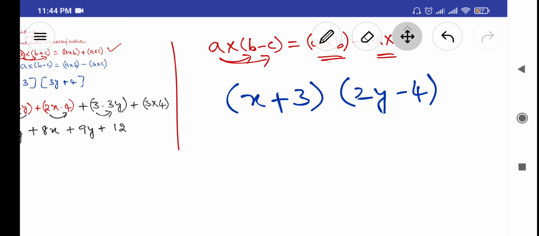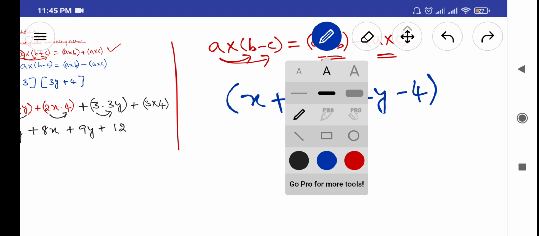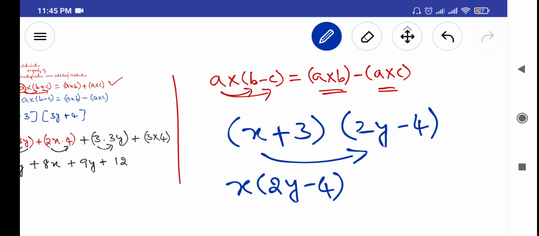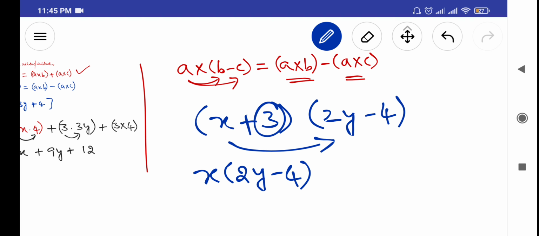Here, if you see, one of the polynomials, one of the binomials, has a minus between the terms. First, same as how we multiplied a with both b and c, here first x with both the terms of the second bracket, x into (2y minus 4), then with 3, again the same, plus 3 into (2y minus 4).